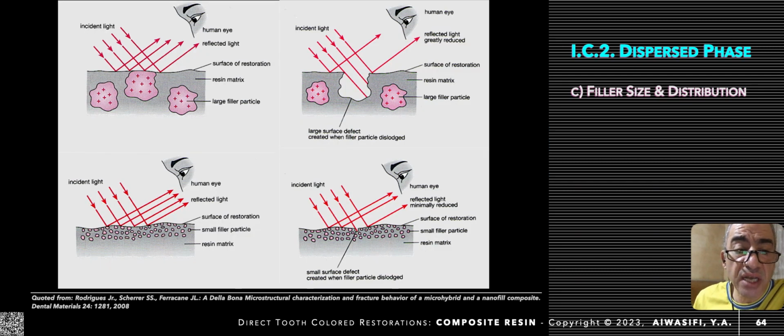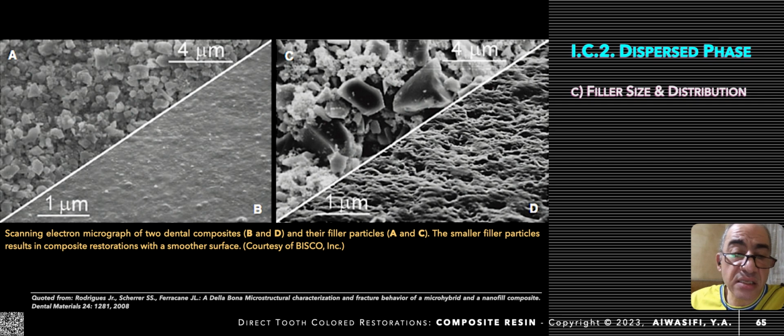This is the difference, as we mentioned before, between large particles and small particles in case of you are finishing, and the finishability, polishability with smoothing of your surface. Okay. This is the scanning electron microscope showing the difference between small particles and large particles in the finished surface.